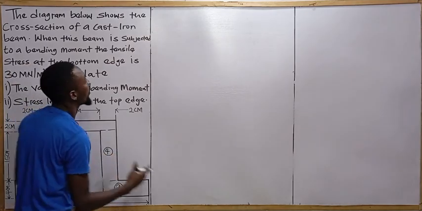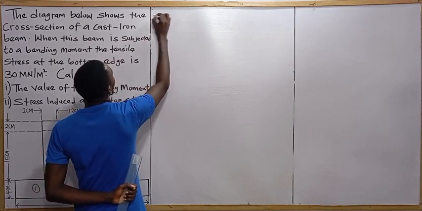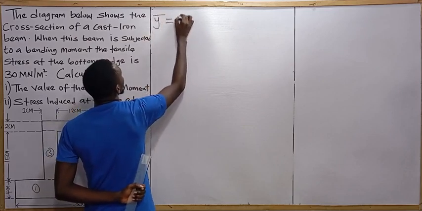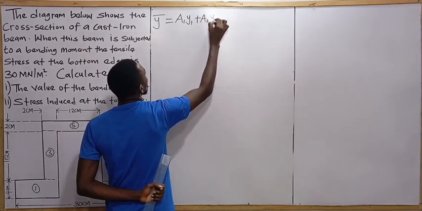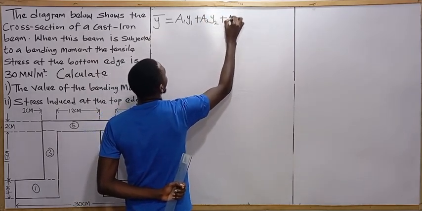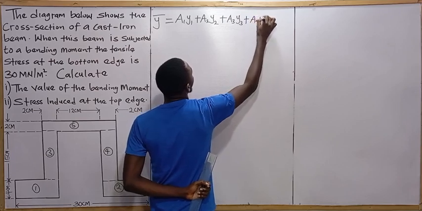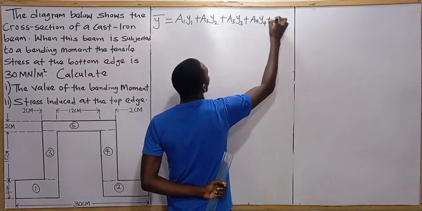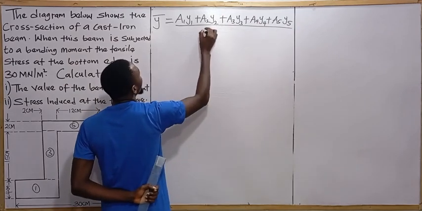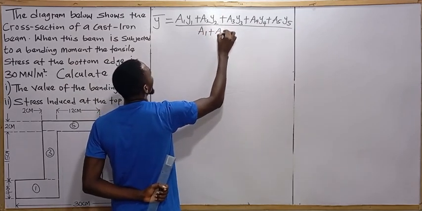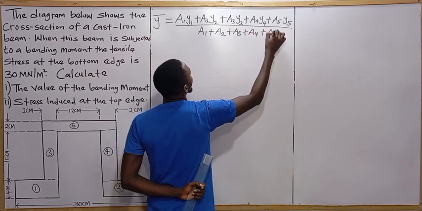To calculate the position of the neutral axis, we are going to use this formula: A1Y1 plus A2Y2 plus A3Y3 plus A4Y4 plus A5Y5, divided by the total area, which is A1 plus A2 plus A3 plus A4 plus A5.